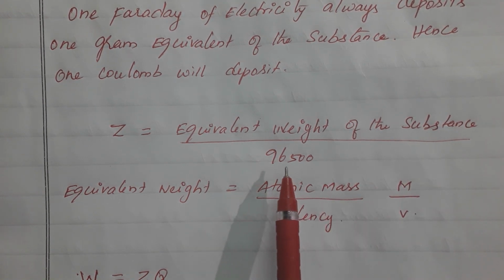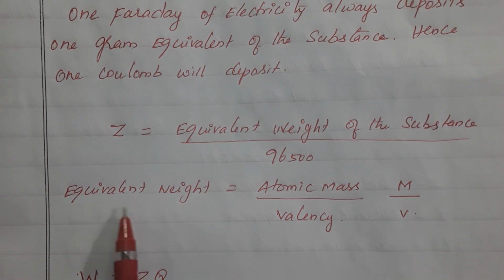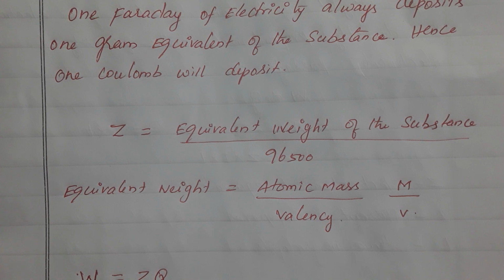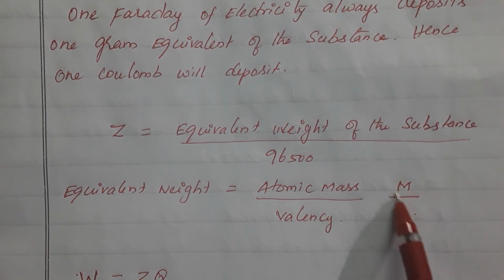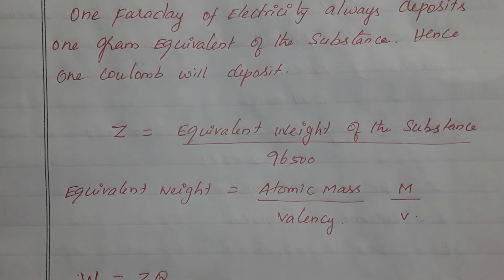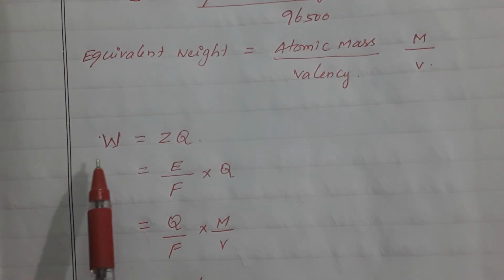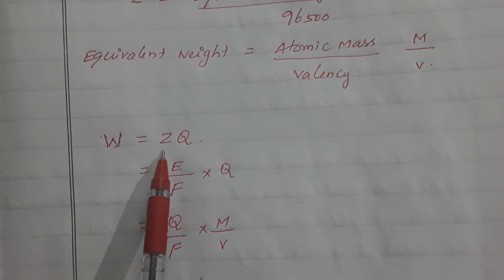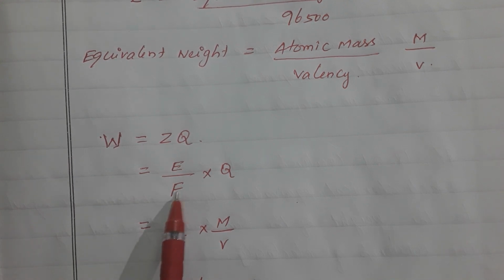As we know, equivalent weight is equal to atomic mass by valency, where M is atomic mass and V is valency. Combining these, we know that W is equal to Z into Q, where Z is the electrochemical equivalent, equal to equivalent weight by Faraday.